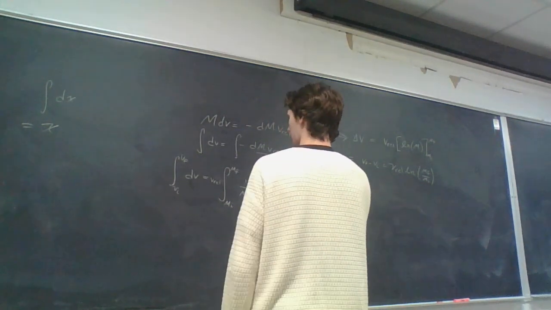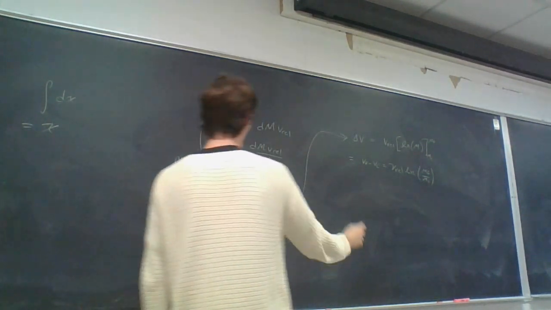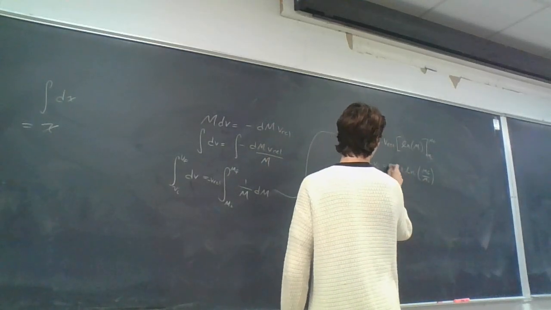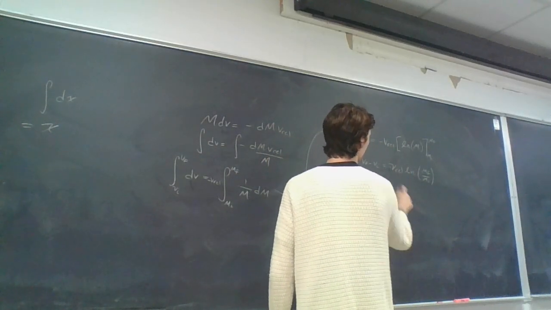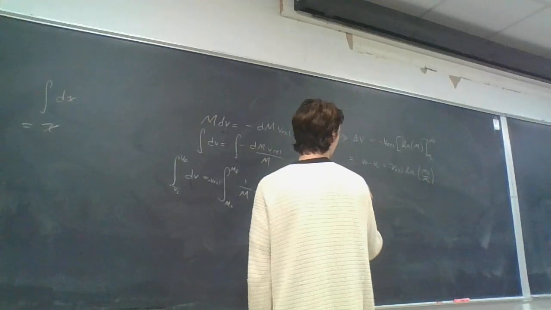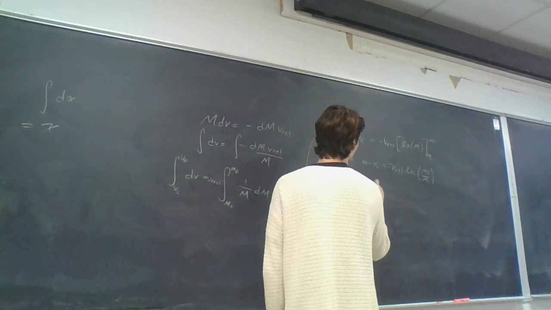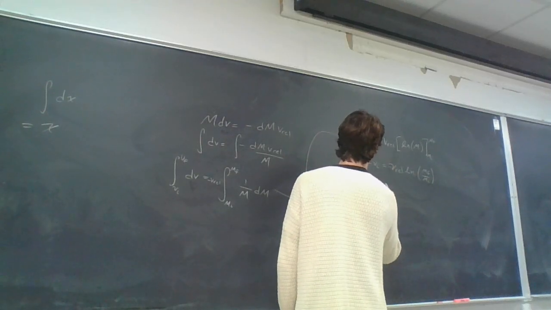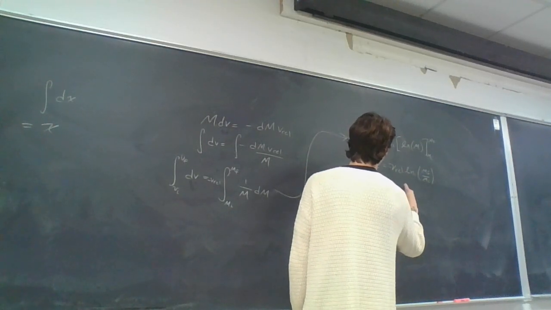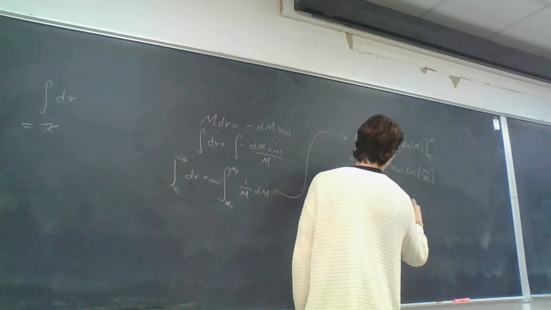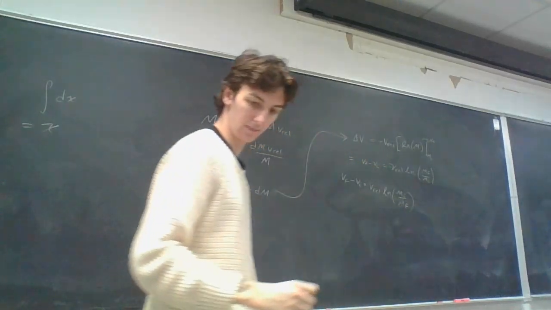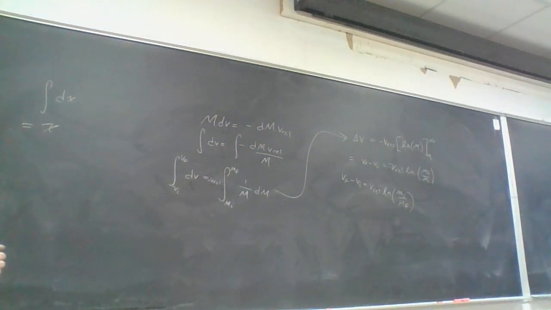This should have a negative sign. Sorry about that. Which means with a negative sign here, we can flip these. So we'll have V final minus V initial is equal to V relative natural log of M initial over M final. Is everybody cool with that? Hopefully maybe that demystified some of the rocket problem business a little bit.